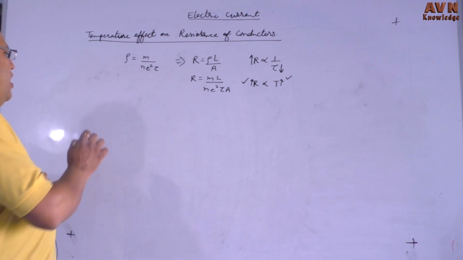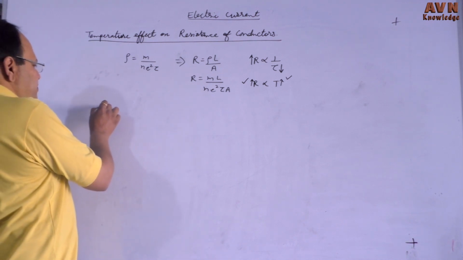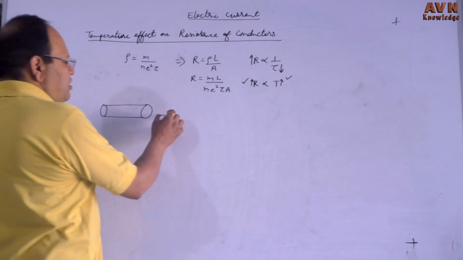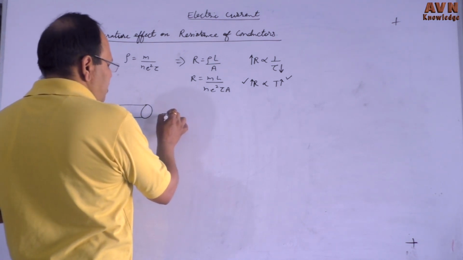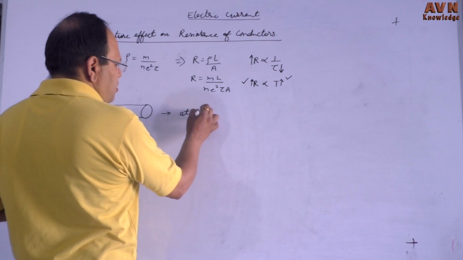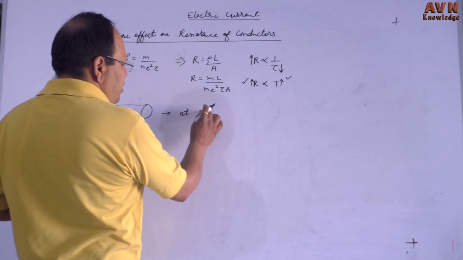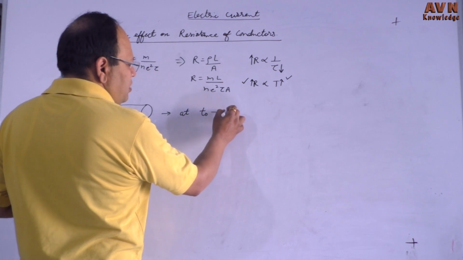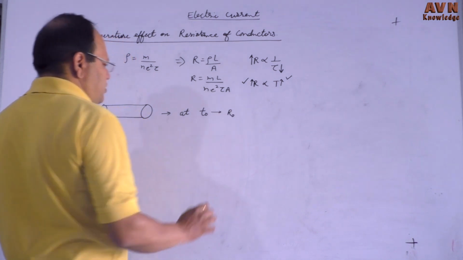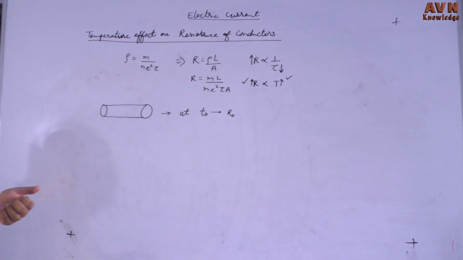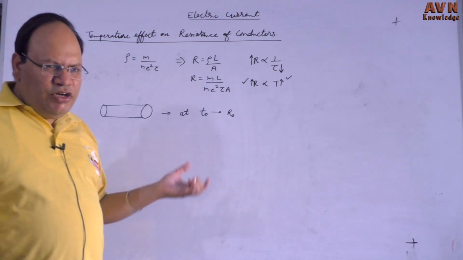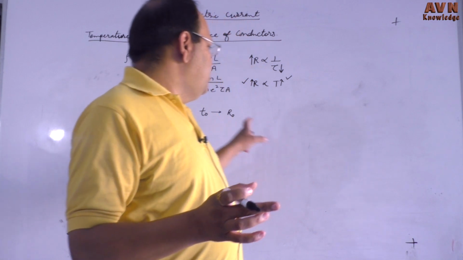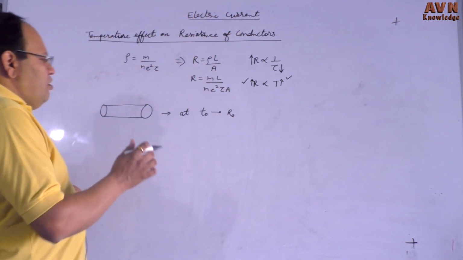So here I am taking a conductor, and initially at temperature T0 the resistance is R0. At the initial temperature, we can consider 0 degrees or any initial temperature, that is T0, and the resistance is R0.